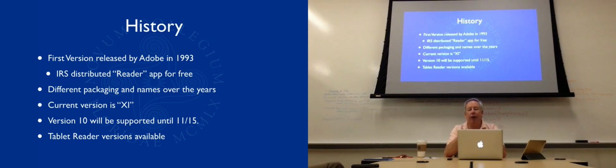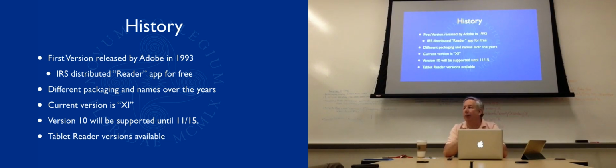There've been different packaging and names of it over the years. It's been called Adobe, it's been called Acrobat, it's been called Acrobat Pro. There have been different modules. There's been Distiller, there's been Reader, there've been all different flavors of it over the years. I've lost track. The current version, again, is 11, or XI. And version 10, or X, is officially supported until November of this year.